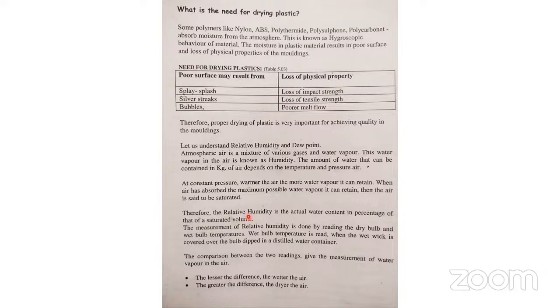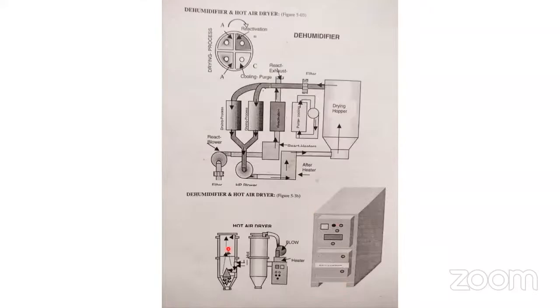The comparison between the two readings gives you the measurement of water vapor in the air. Therefore, friend, we can find out how much vapor is present in the air. The lesser the difference, the wetter the air. The greater the difference, the drier the air. So this is what we always use in the drying equipment.